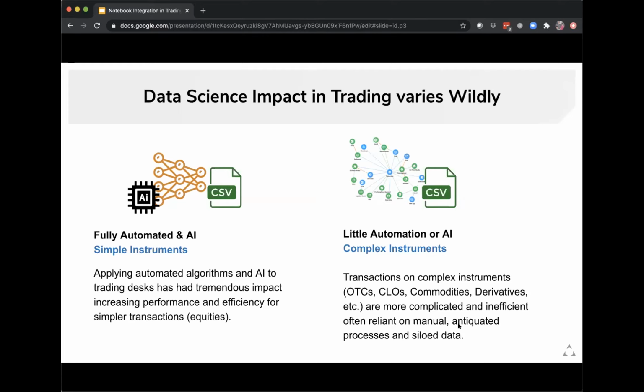So, if we elevate the discussion here just for a minute, it's very interesting. Data science in the financial sector has had really wildly varying impact. On the one hand, you have some financial instruments and transactional elements and analytics that lend themselves very well to plugging in some quick algorithm responses, a little bit more sophisticated deep learning models.